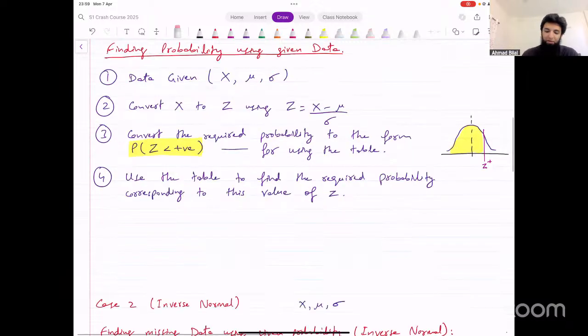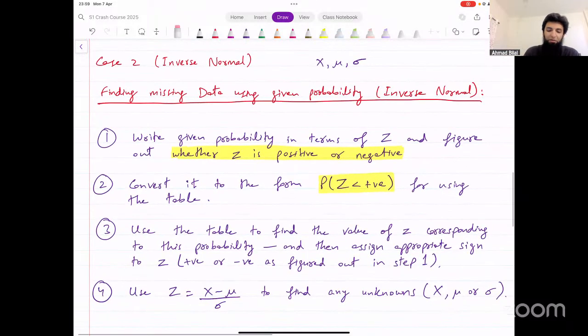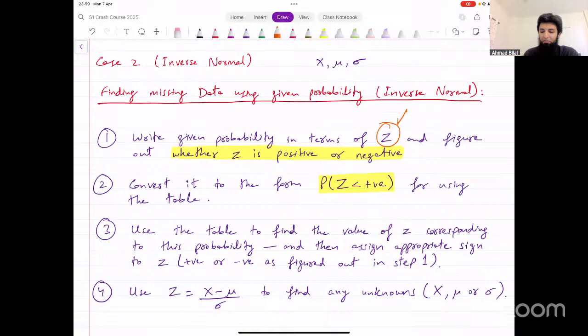And then the second possibility is when it's inverse normal. In this case, you have to find some missing data, and the probability is going to be given. So first of all, you write down the probability in terms of Z. If it's X less than something or greater than something, write that as Z greater than or less than something. You figure out whether Z is positive or negative.